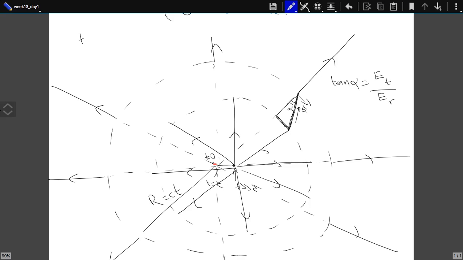So if I'm at a time t, much larger than the period in which I accelerated, that information that my charge has accelerated could have traveled at most a distance c times t. So this is why, out of this sphere of radius c times t, nothing has changed yet.